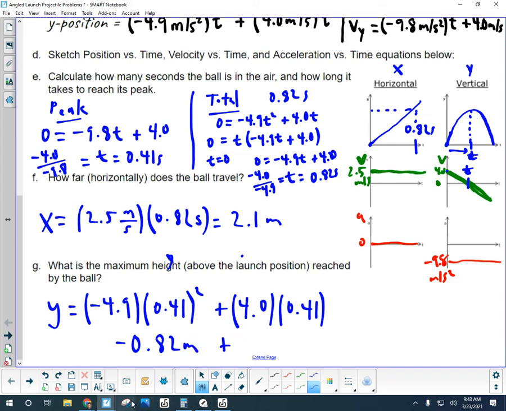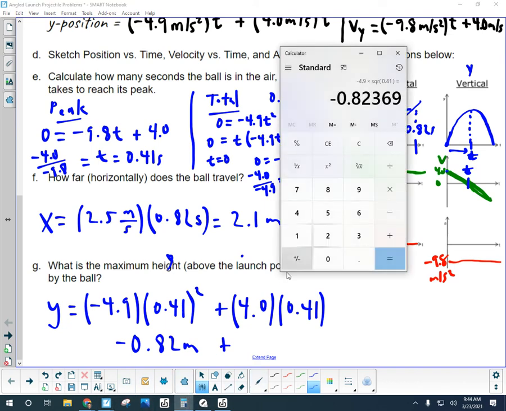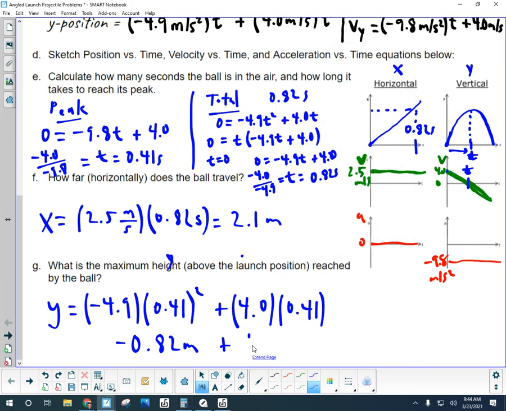This term is going to be positive. So 4.0, which is 4 times 0.41 equals 1.64 meters.